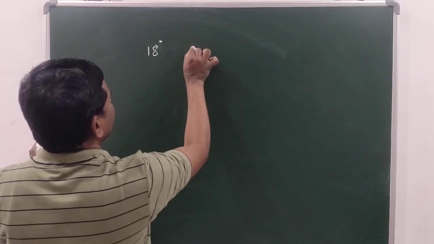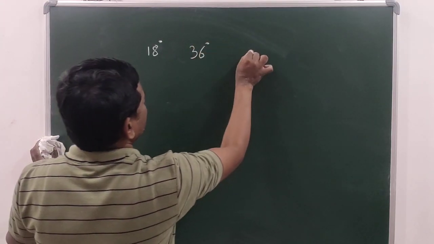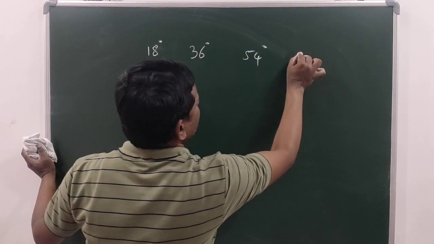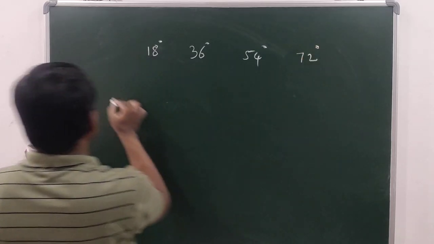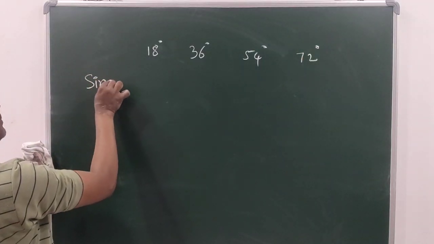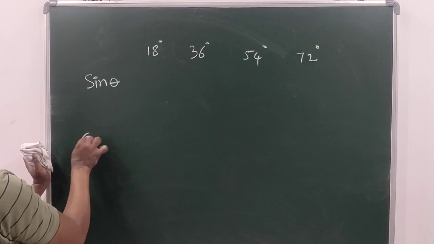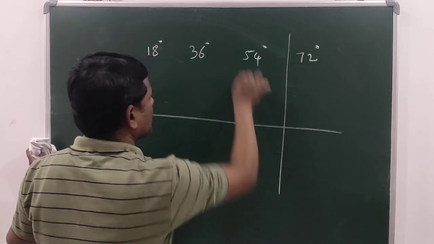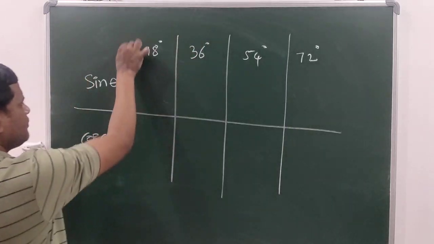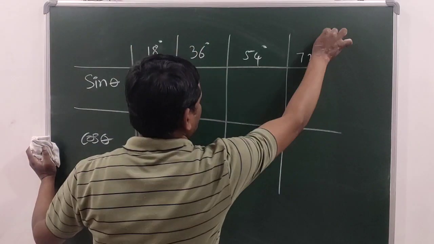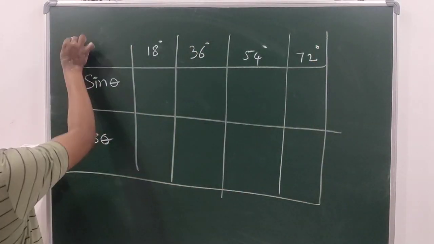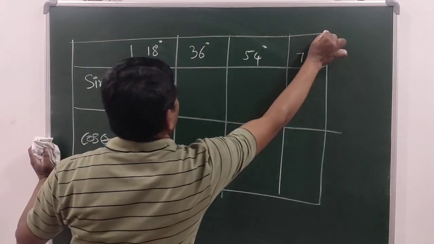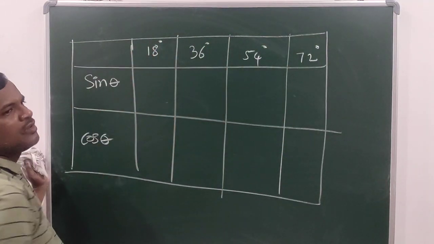Here 18 degrees, 36 degrees, 54 degrees, 72 degrees. Now let us take here sine, let it be angle theta, and cos.